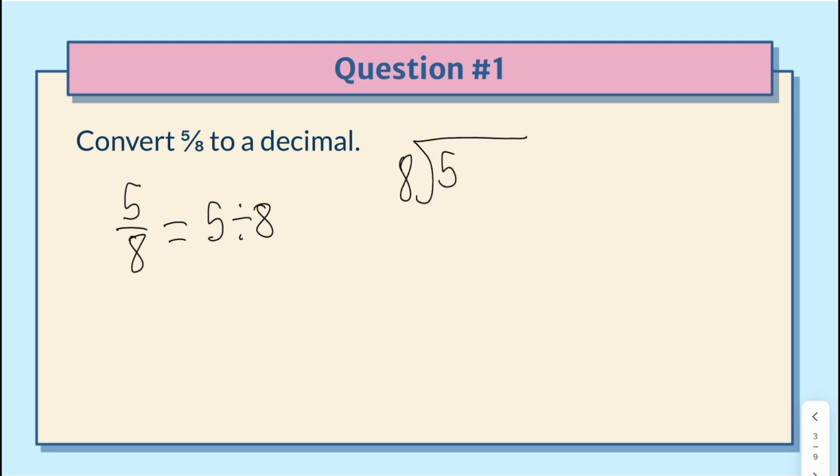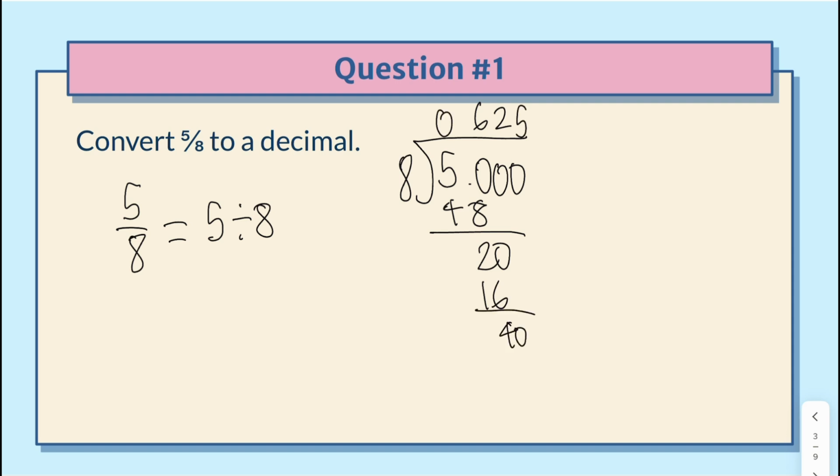So if I write it like this, we can just use long division now. And doing so gives us 0.625.